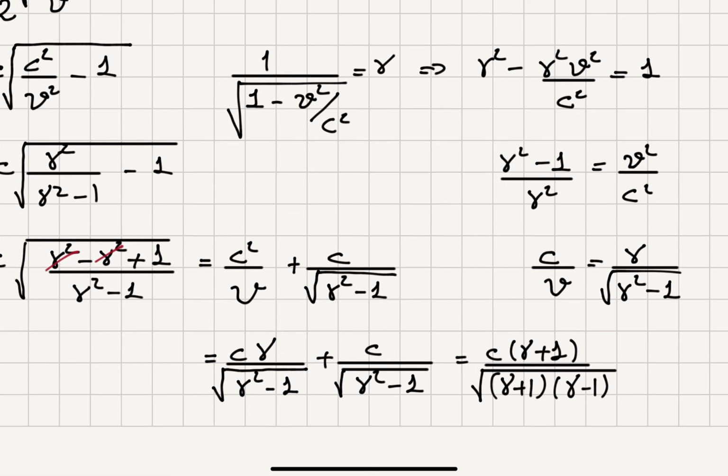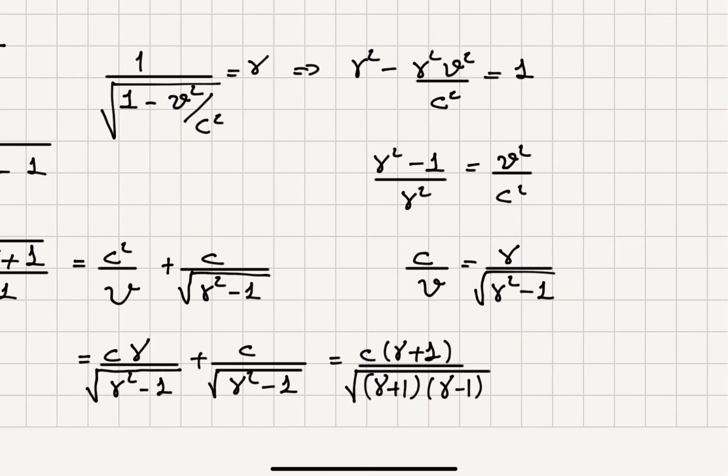And that means my u is equal to, because this is square root of gamma plus 1 parentheses squared, they will cancel out. So I will have c times square root of gamma plus 1 divided by gamma minus 1.